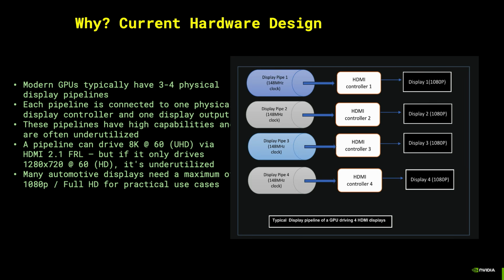Each of these pipelines handles a buffer, does the processing of the pixels, and then finally gives the result to the HDMI controller, and that is the output that you see coming out of your GPU. So eventually we have a total of 4 display pipelines, and that's why we can drive only 4 displays at a time. It's not just about the port, but about the hardware pipelines available in the GPU.